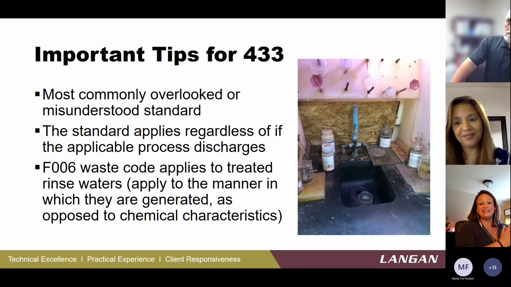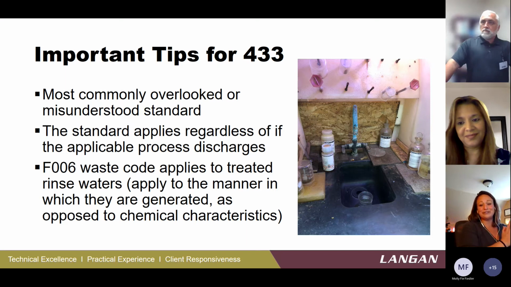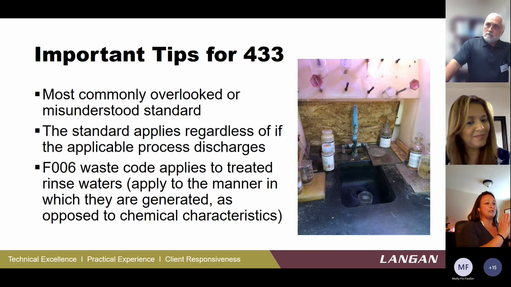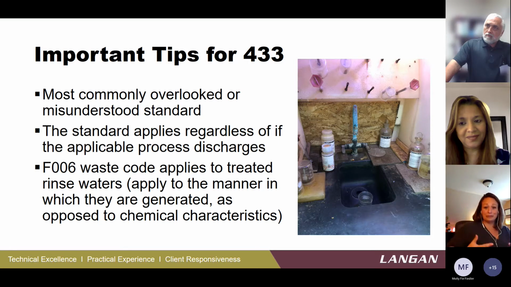It was that clean, but it was still considered an F006 waste because of the way it was generated and the way it was treated and, in that case, reused. So the moral of the story is the categorical standards have sneaky things in them. It's really important to understand your process, whether or not your process applies to the standards, and then understanding what the standard really says and how it applies to what you're doing.